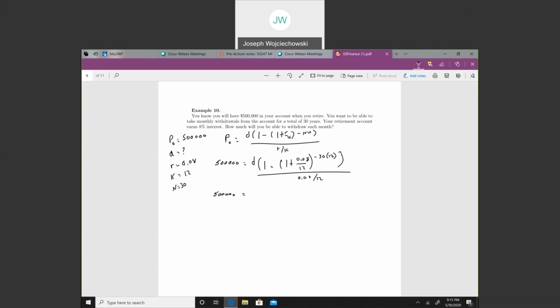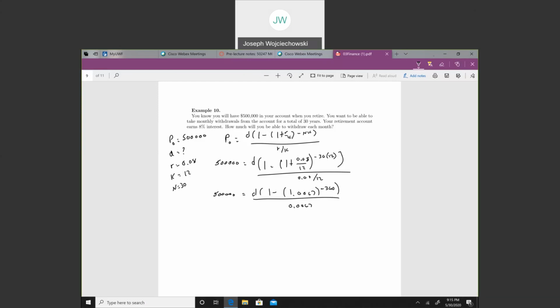500,000 equals D times 1 minus, and if you remember that was 0.0067, so we'll just do that all as 1.0067 to the negative 360th power, all divided by 0.0067.